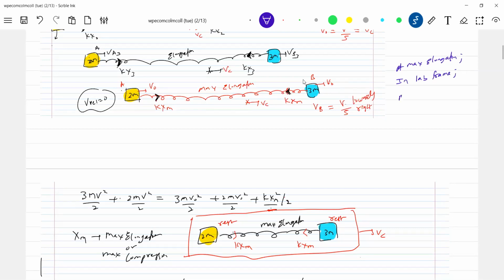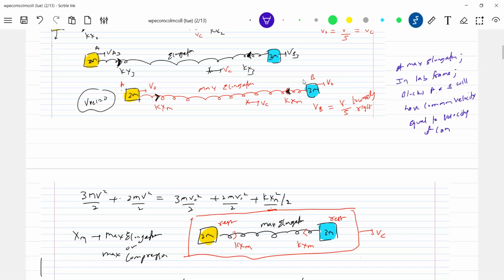In the lab frame, the blocks will have common velocity equal to the velocity of center of mass.